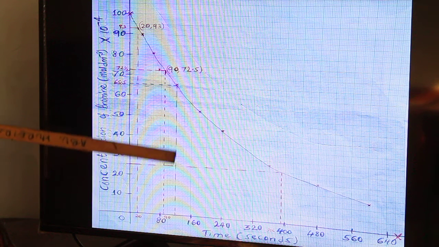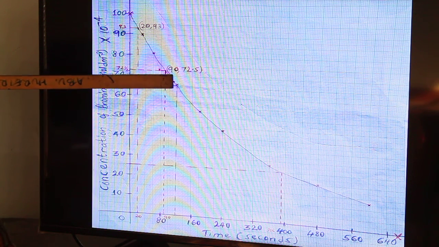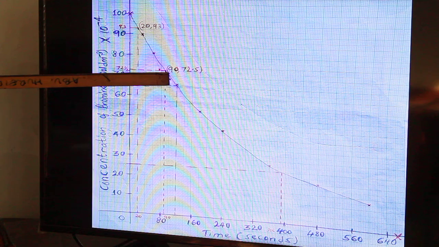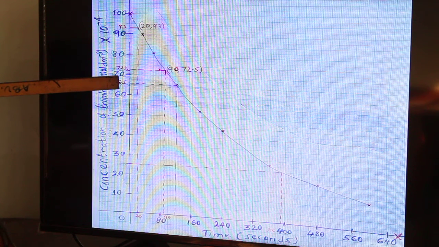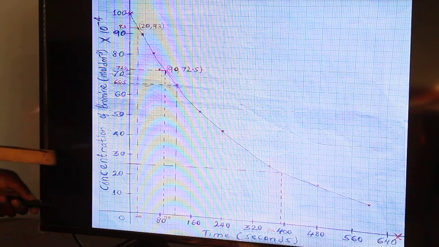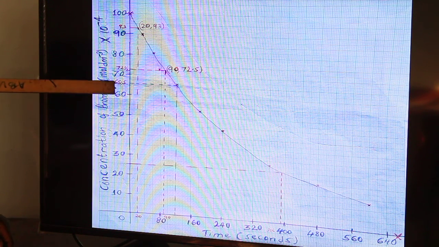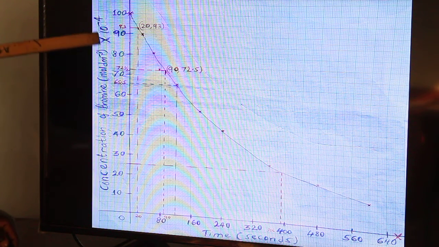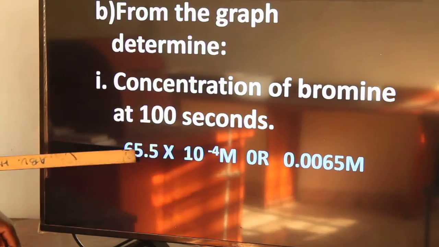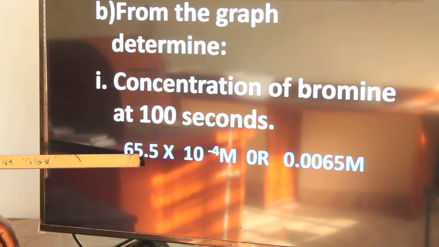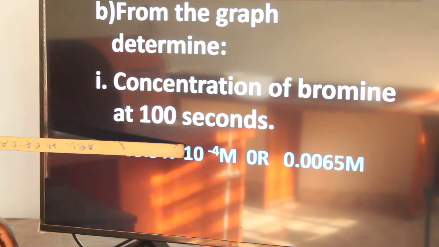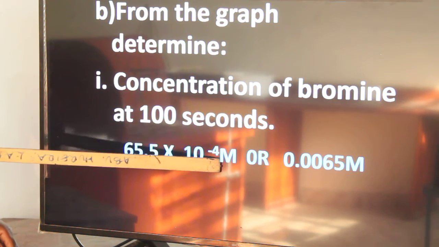So you draw a straight line to cut the curve. Where it meets the curve, you draw a straight dotted line to the concentration axis, the y-axis. Then you read. In that case, you find 65.5 times 10 raised to negative 4 molar.